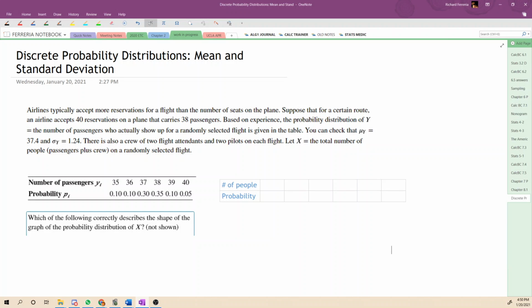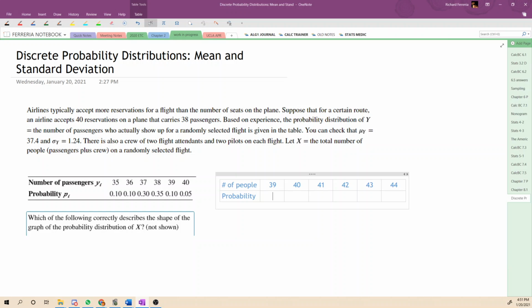Now if 35 passengers are on the flight, and then there are 2 flight attendants and 2 pilots, then there are actually 39 people on the plane. Similarly, if we have 36 passengers on the flight, and there are 2 flight attendants and 2 pilots, then the total number of people on the flight is 40. And that kind of continues all the way down the chart.